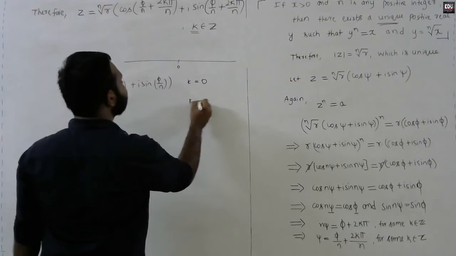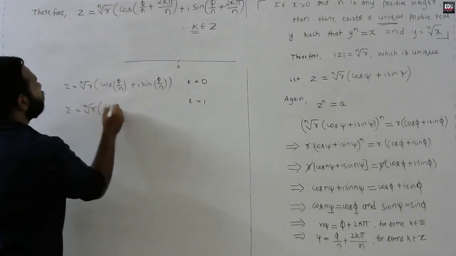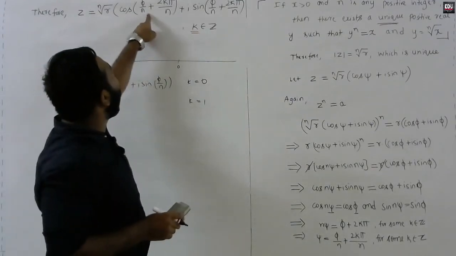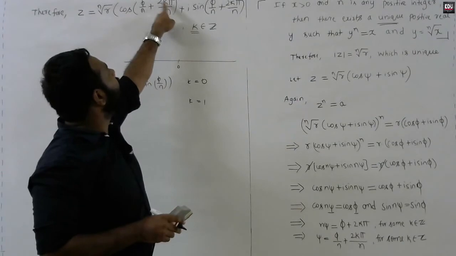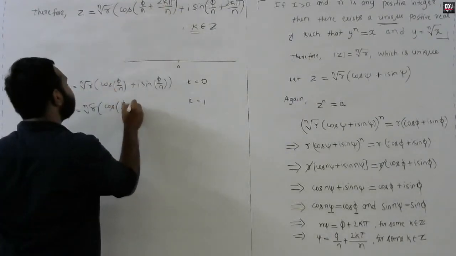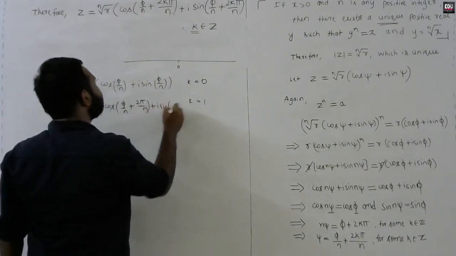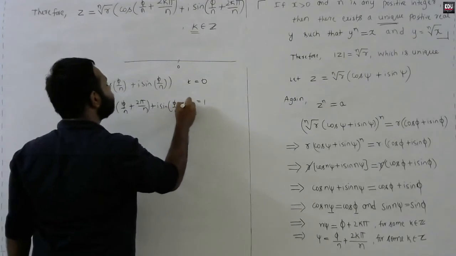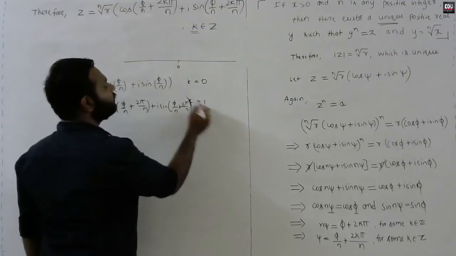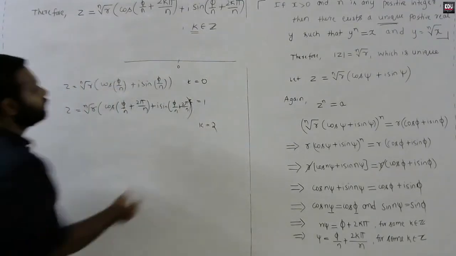Then if I put k equal to 1, z will be nth root of r into cos of (phi by n plus 2 pi by n) plus i into sin of (phi by n plus 2 pi by n). So this corresponds to k equal to 1. So k equal to 2, and so on.